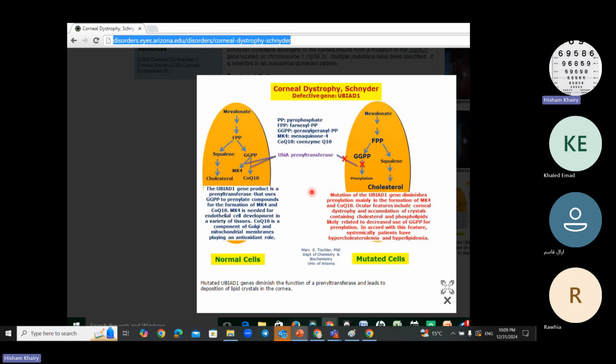In mutated cells, the gene diminishes prenylation, mainly in the formation of MK4 and CoQ10. Ocular features include corneal dystrophy and accumulation of crystals containing cholesterol and phospholipids.